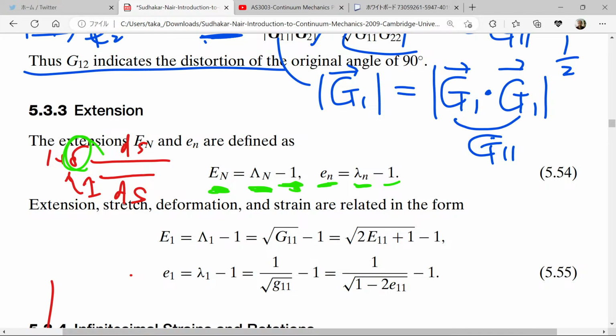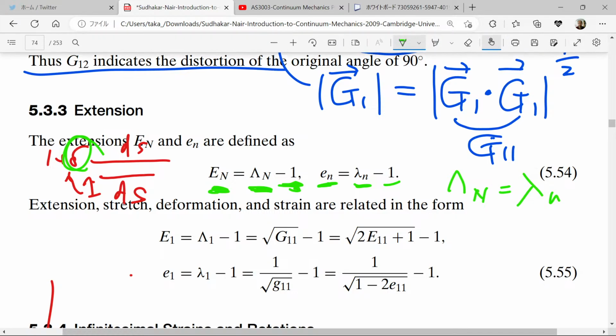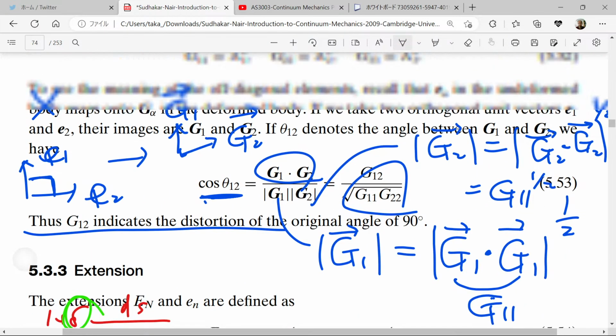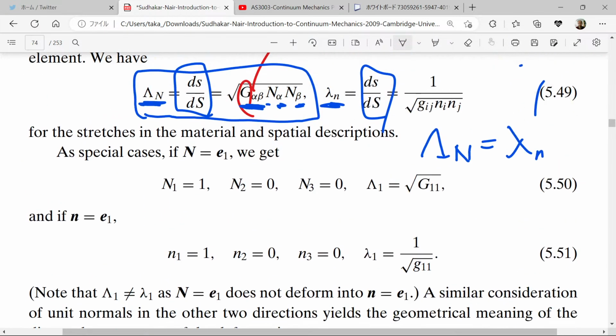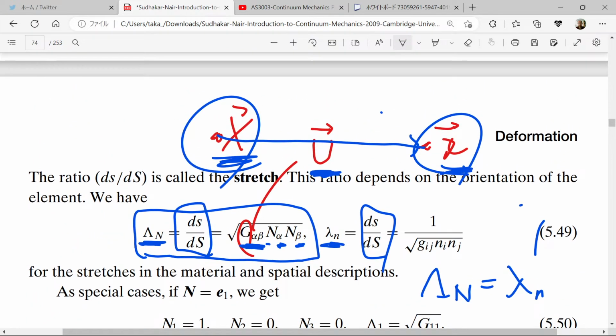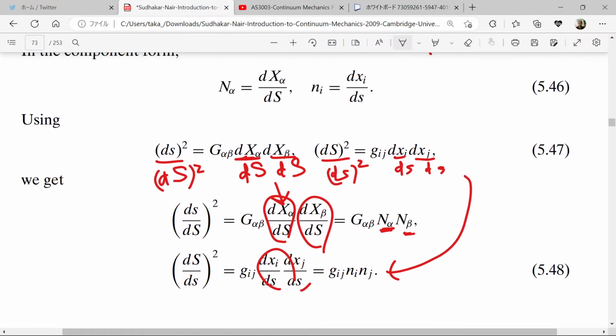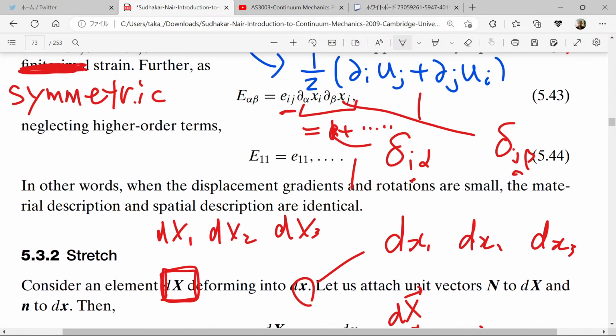I'm a little bit confused. I thought this is almost the same. I thought then, wasn't this correct? By definition, I think it was like that.